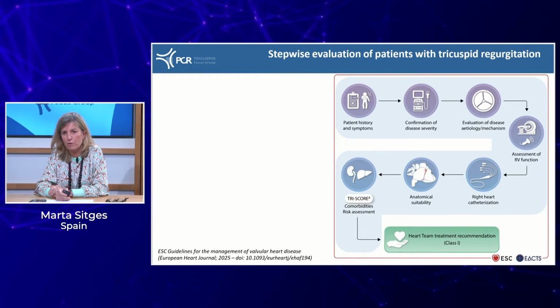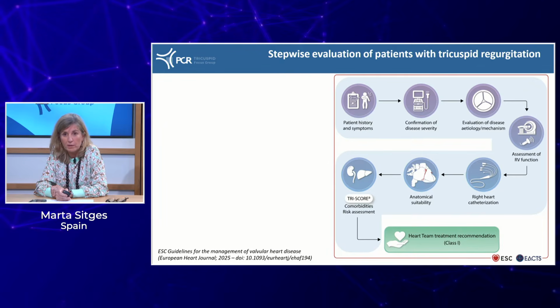And here, of course, medical history and symptoms are, as usual, very important to raise these flags, but we have a combination of imaging tests that we will discuss, targeted not only to depict the diagnosis of severe tricuspid regurgitation, but also to evaluate the impact on right ventricle function and on the pulmonary circulation.